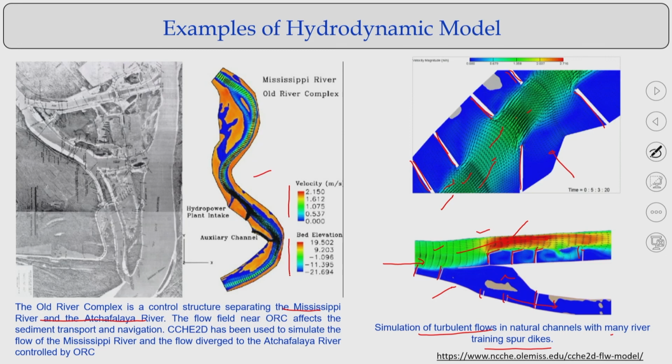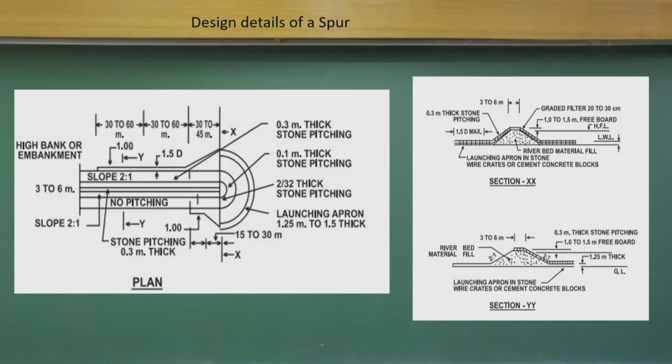So, you can try to understand these concepts, and you can use CCH2D models to simulate the flow in the river and flow divergence. You can understand how mathematical models can help us know the layout of the spurs, what the dimensions could be, what the length is and what the layout will be.